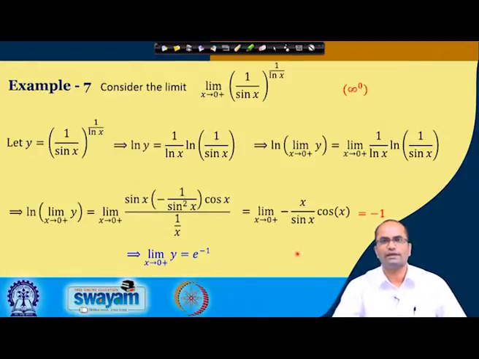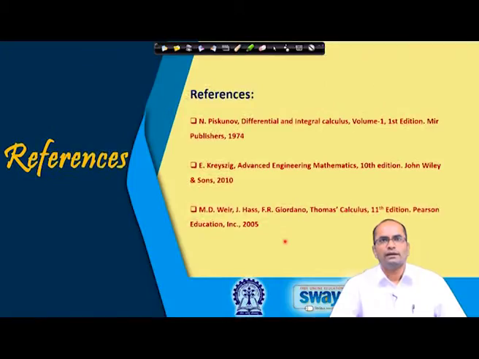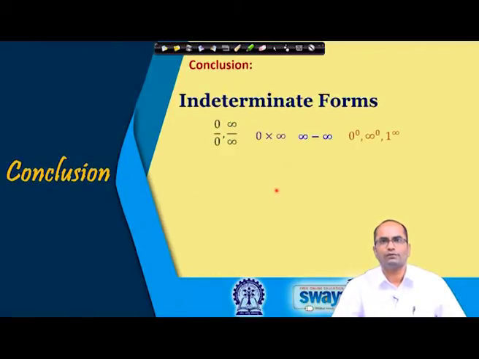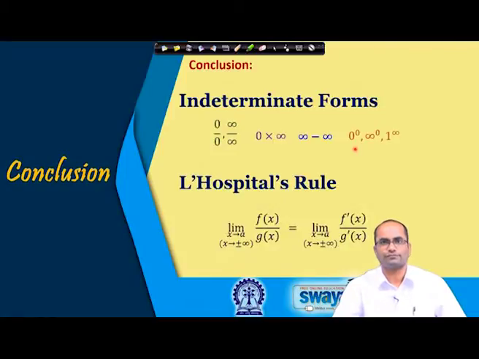So, we have considered at least one example of each nature, and these are the references used for preparation of this lecture. So, what we have learned today: the indeterminate forms of 0 into infinity, infinity minus infinity, and the three forms 0 power 0, 1 power infinity, infinity power 0, which were handled using the logarithmic function.